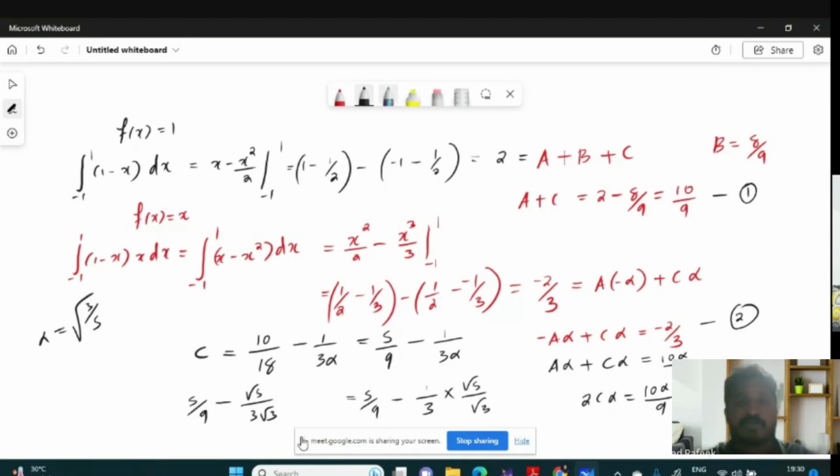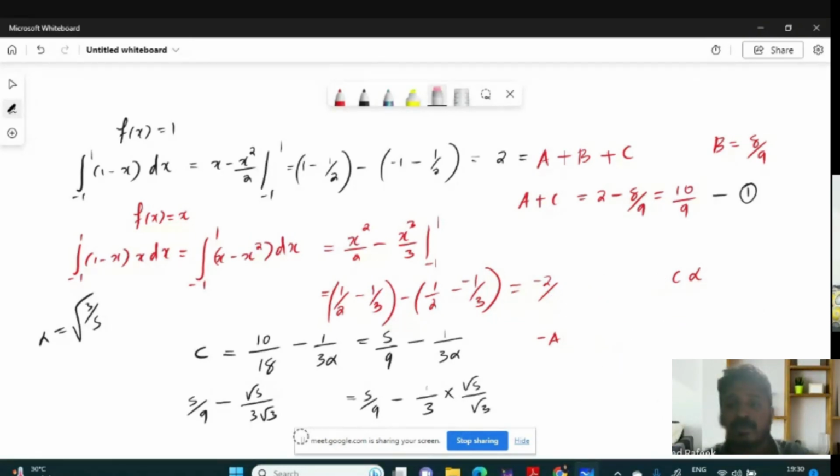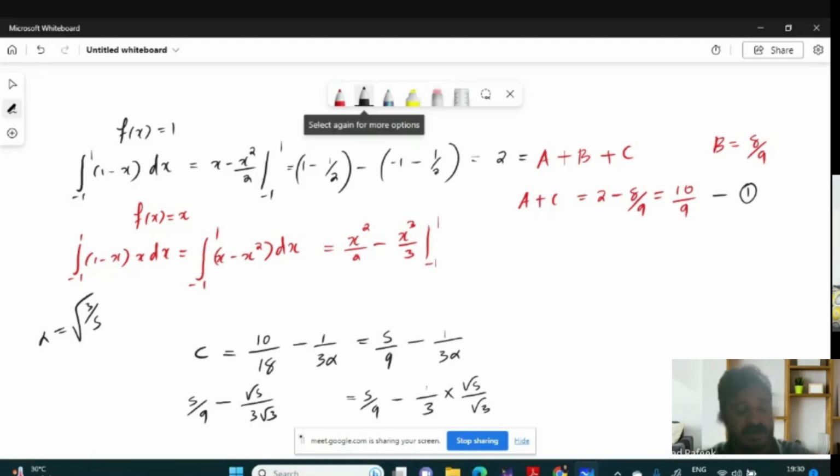See the options. Alpha is already given. C equal to, take 5 by 9 as a common. Then 1 minus, 5 you have taken as a common.